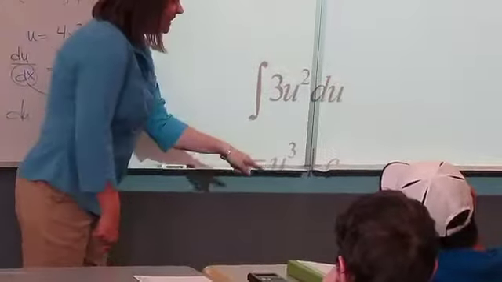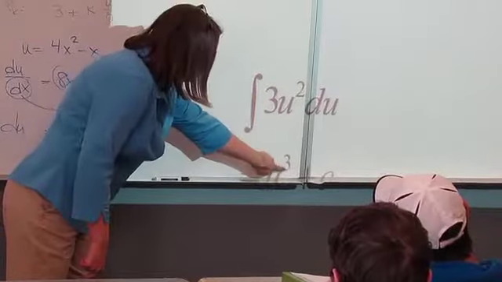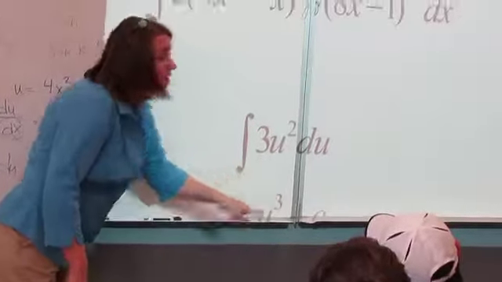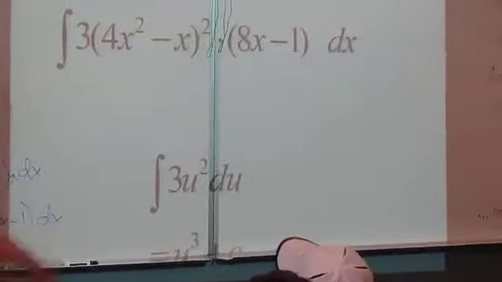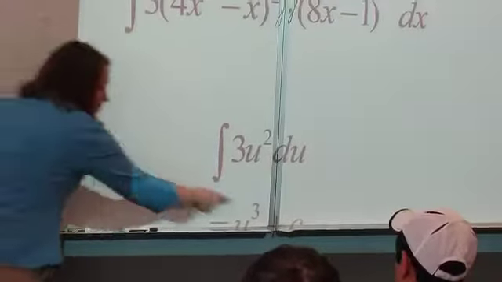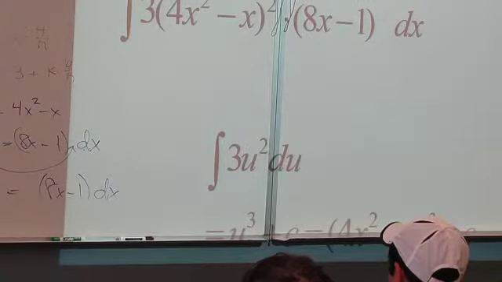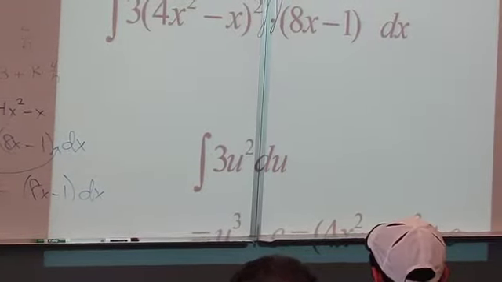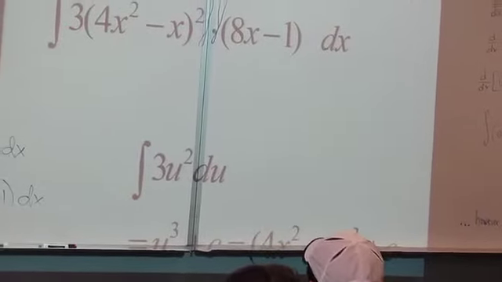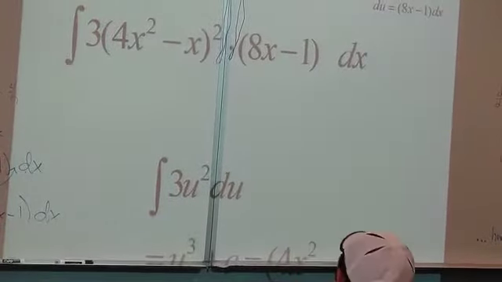U cubed plus c. Because its derivative would be 3u squared. And then the last step, whatever u was, this is quadratic, we plug it back in.